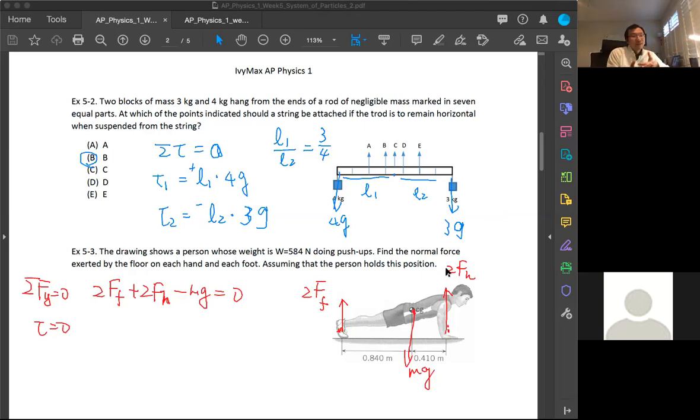So you'd better choose the point that the unknown force goes through as your axle of rotation. If a force goes through the axle of rotation, there's no lever arm R, which means the torque generated by this force must be zero. This is a good reason to select that point.